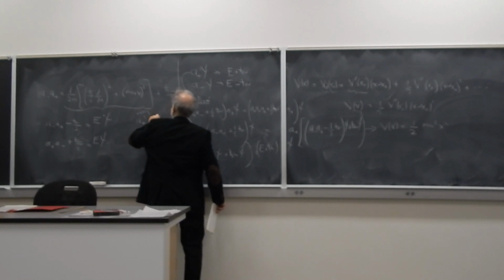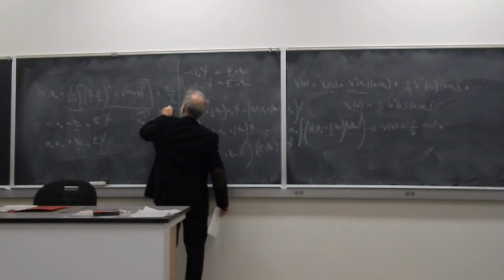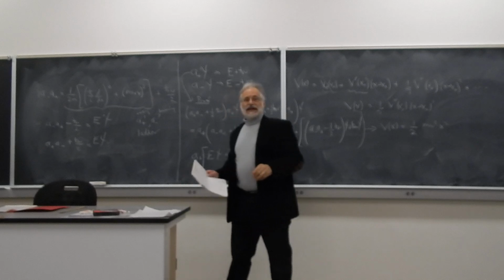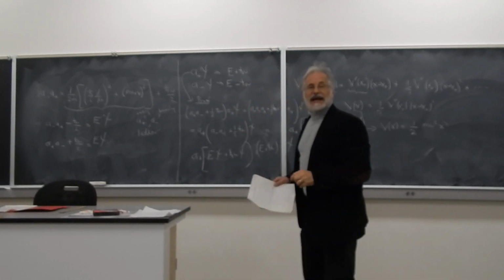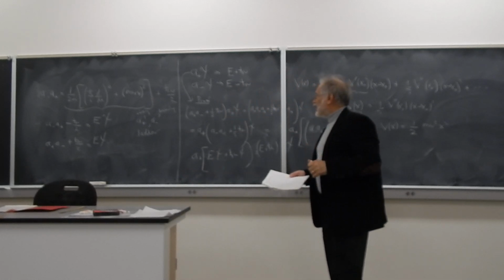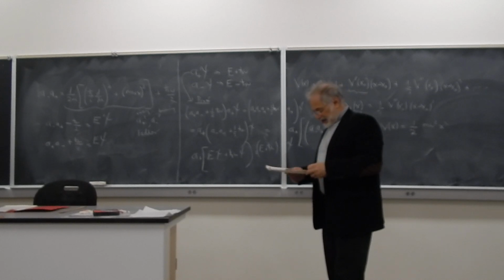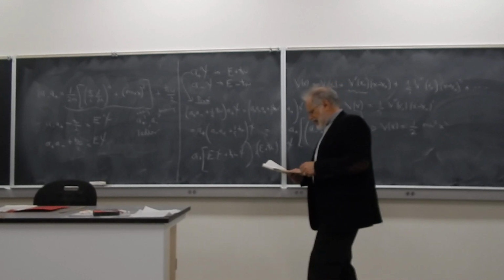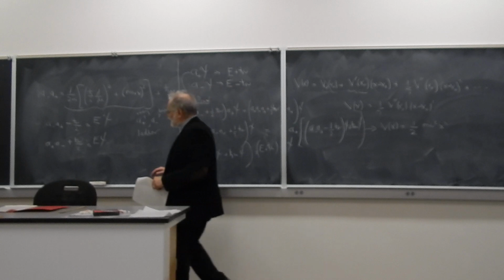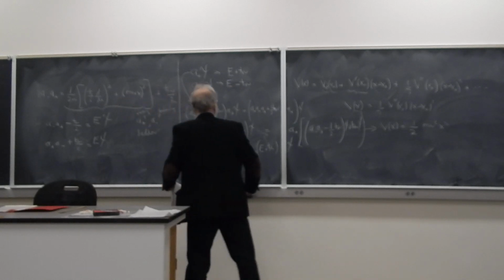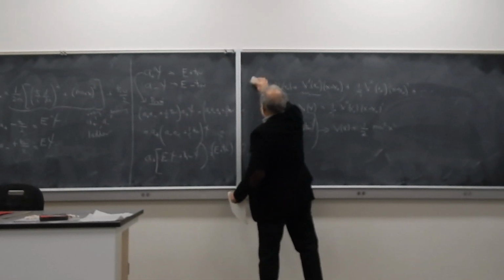We call A minus a lowering operator. And these entities will enable you to obtain the energy eigenvalues for the harmonic oscillator. Now, there's more to it than that, and I think we need to kind of spell this out as well.